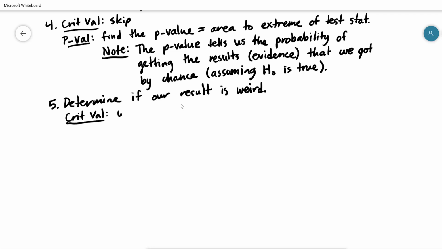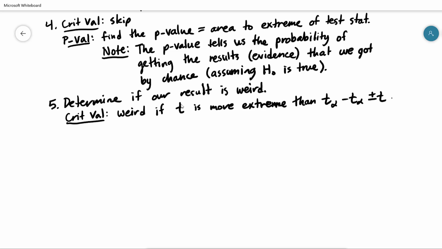So it's weird if the test statistic t is more extreme than the critical value, which is either t sub alpha, negative t sub alpha, or plus or minus t sub alpha over 2.